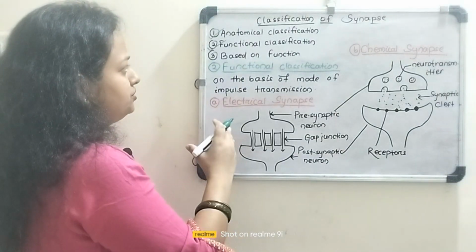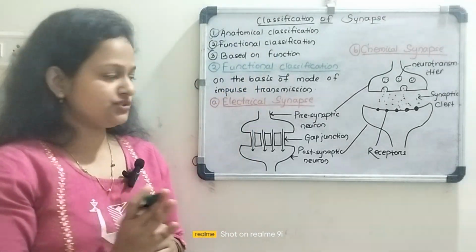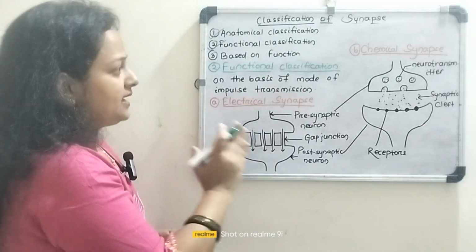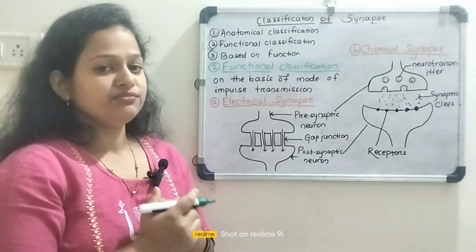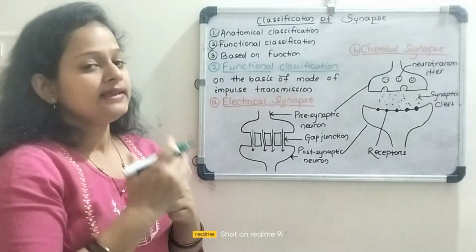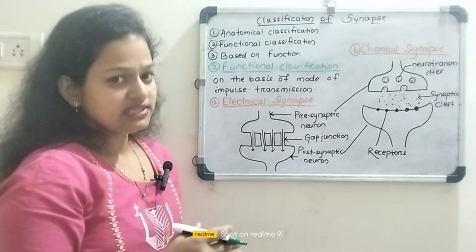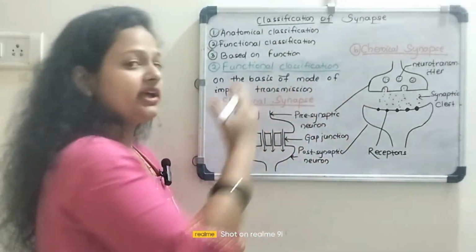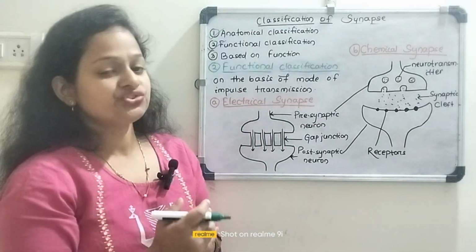So, based on the functional classification, there are two types of synapses. And in the chemical synapse, the time required for transmission is longer as compared to the electrical synapse, as there is no direct contact between the presynaptic neuron and the postsynaptic neuron.